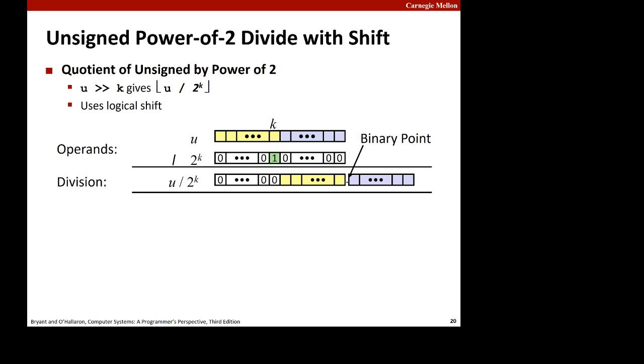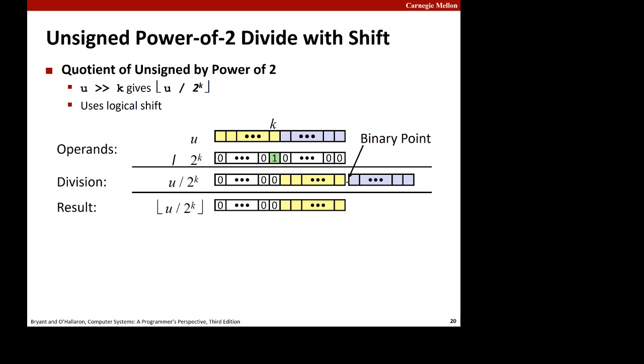So if we shift a number by k, it's like moving the least significant k bits to the right of the binary point, which now all have fractional value and sum to something less than 1. If I now throw those bits away, what I'm doing is rounding that number down to the nearest integer, which is exactly what you want for division.